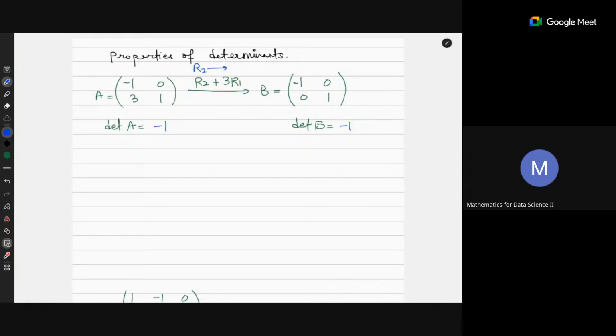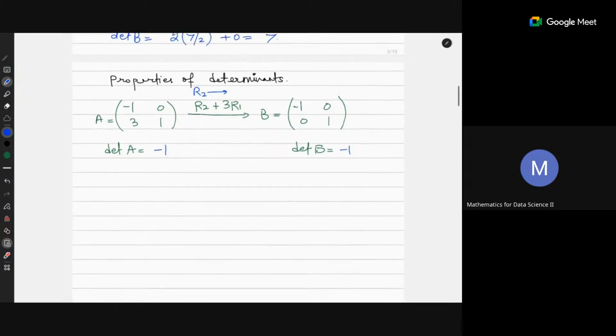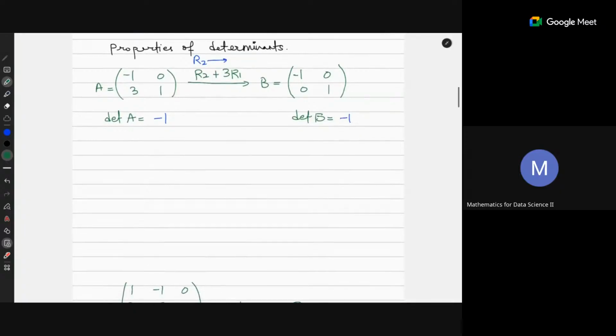All right. Now let's add some multiple of a column to another column, and let's see whether it changes the determinant or not. Let's take the same matrix A and perform a column operation. That means you change C1 to C1 minus 3 times C2. So what will you get?